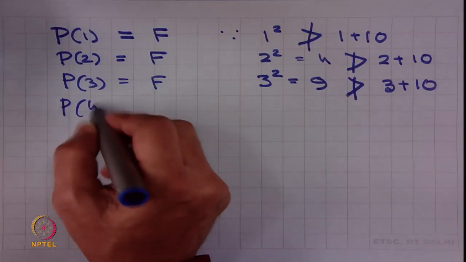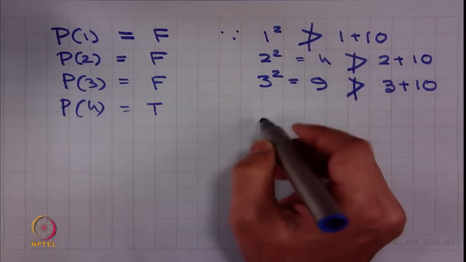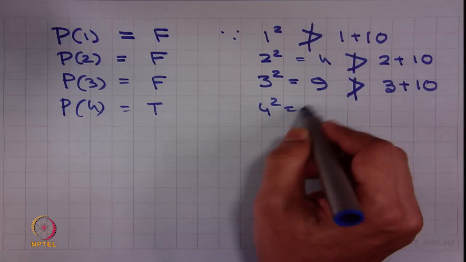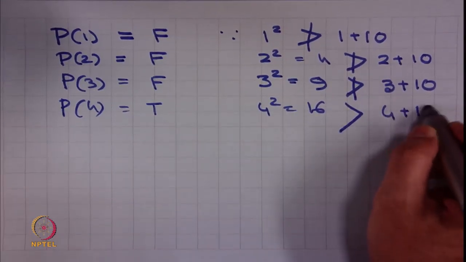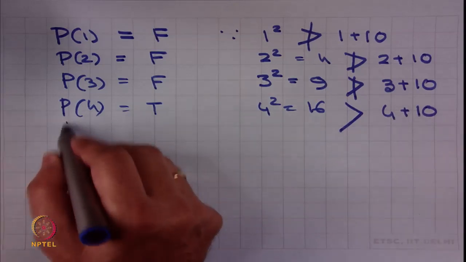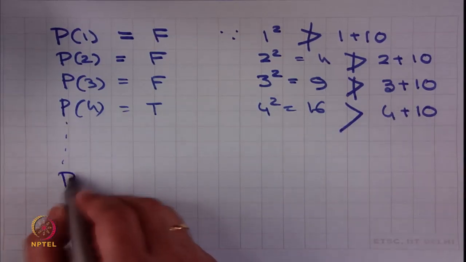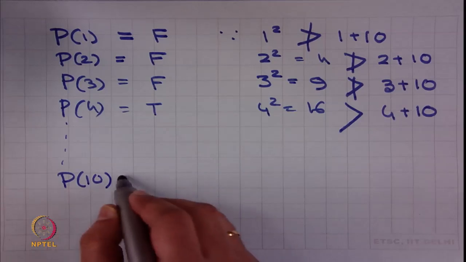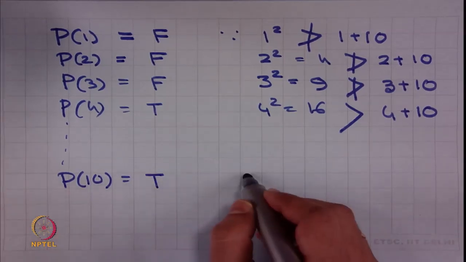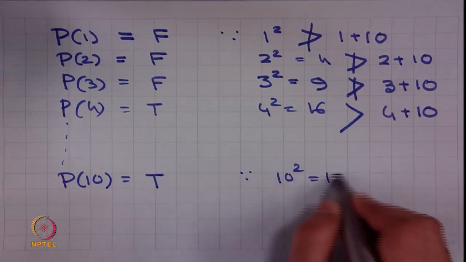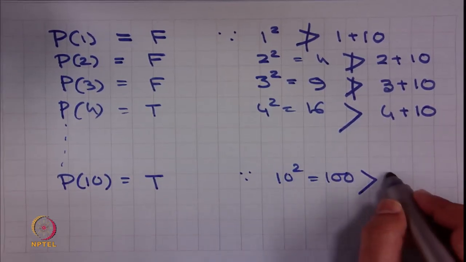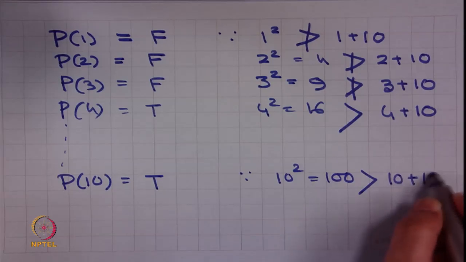P 4 is equal to true, since 4 square is equal to 16 is greater than 4 plus 10. And now we can see that till P 10 it is true, since 10 square is equal to 100 is greater than 10 plus 10.